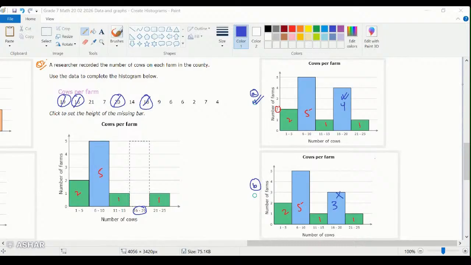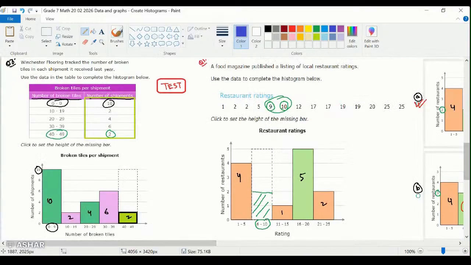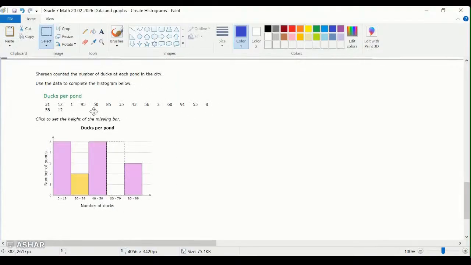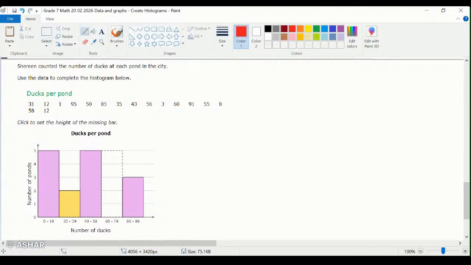For the next question, they are telling us that Sheen counted the number of ducks in each pond in different cities. This is question number 3 from the test. We are looking at the number of ducks in different ponds, right?